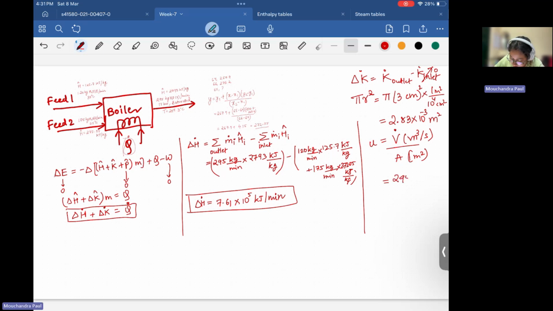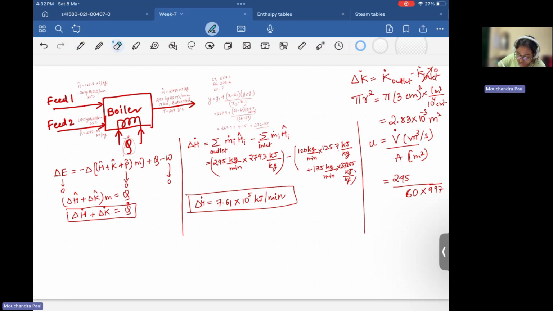So 295 is the kg per minute, that is the mass, and it's in minutes, so you have to convert into seconds. So there will be 60 seconds in the denominator, and we have to divide it by density, which will come out to be 997.